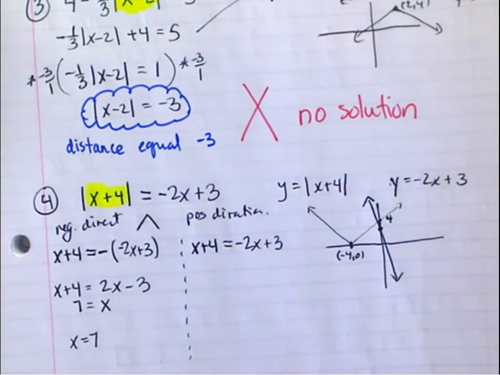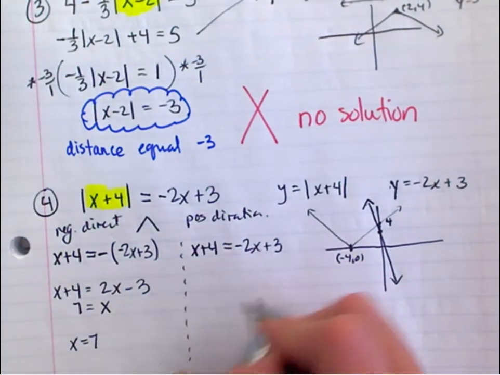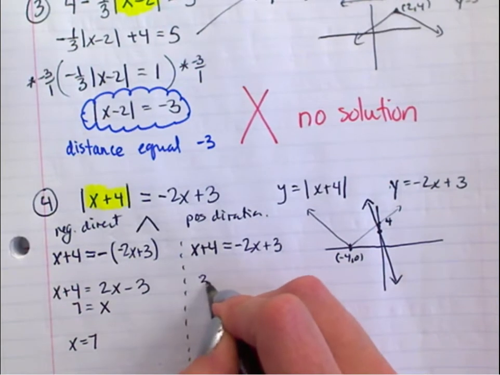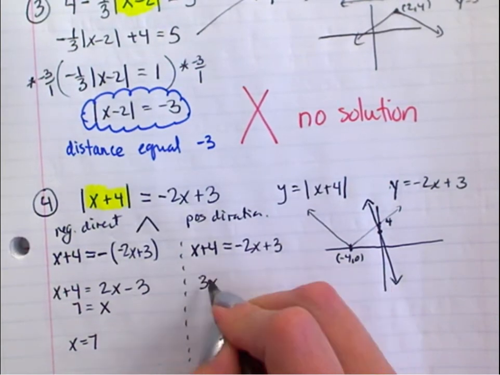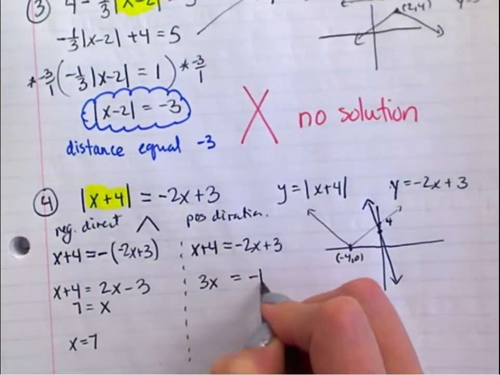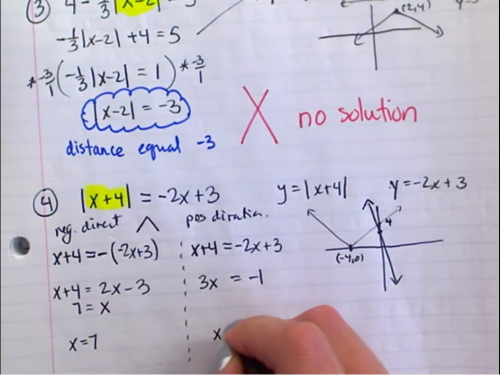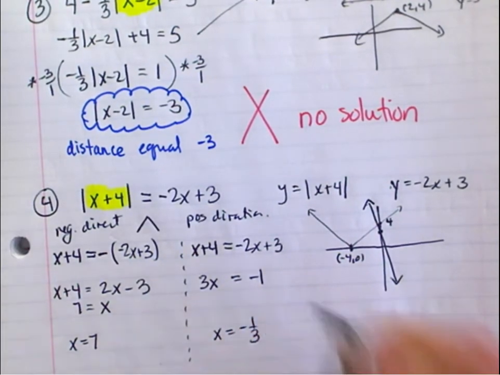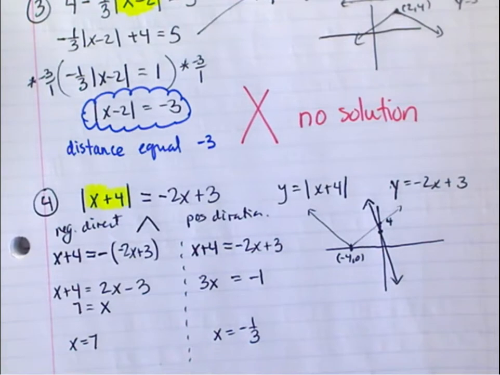So I get x equals 7. Okay. I get x equals negative 1/3.